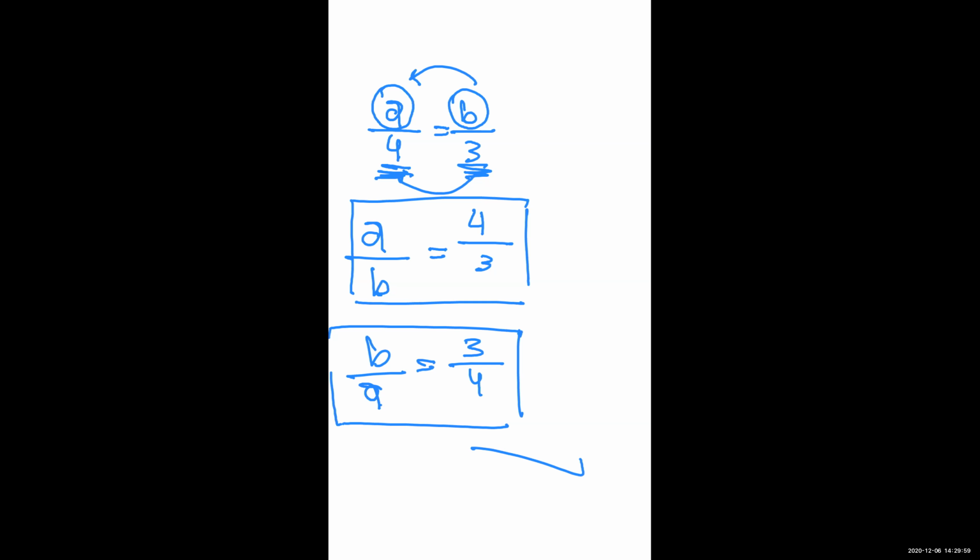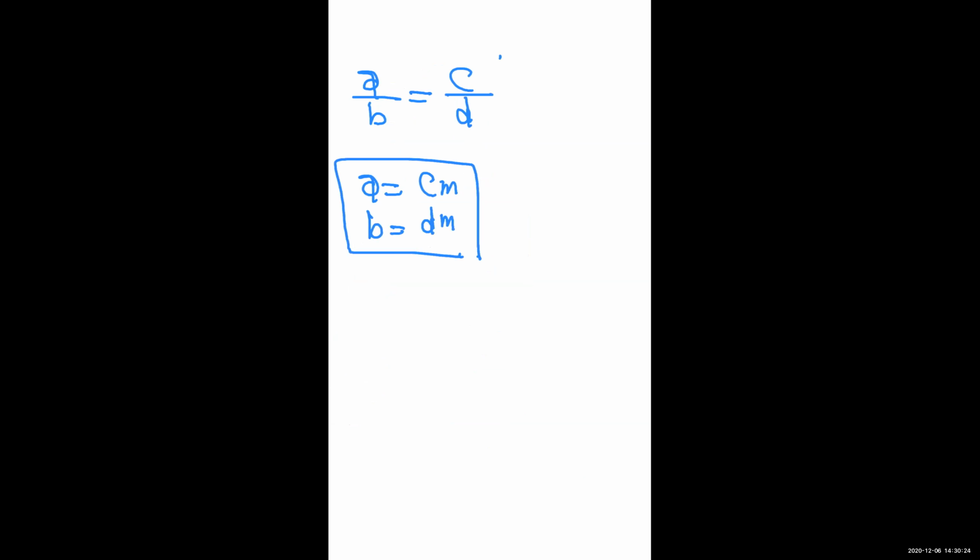Okay, great. The next point, if A over B equals C over D, then A will equal CM and B will equal DM. Okay?